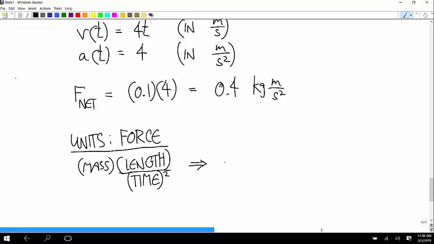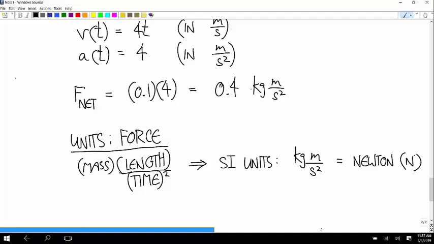That means that SI units are kilogram meters per second squared, but that's a really messy unit to use for something that's going to end up being kind of a foundation of this class. And so this is given its own name, the Newton, and it's abbreviated with a capital N. This is 0.4 newtons.